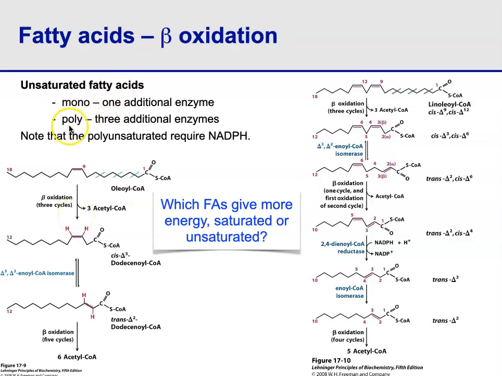And for the polyunsaturated, we need 3 additional enzymes and a molecule of NADPH. So the degradation of the unsaturated fatty acids is actually more complicated compared to the saturated fatty acids. So let's take a look now.